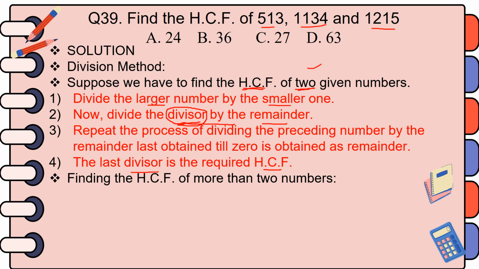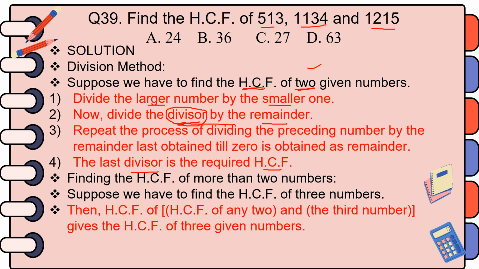If there are more than two numbers, like the one that we have just given here, how can we find out the HCF of those numbers? For example, on this question, you are given three numbers and you are required to find out the HCF of these three numbers using division method. How can you find out?